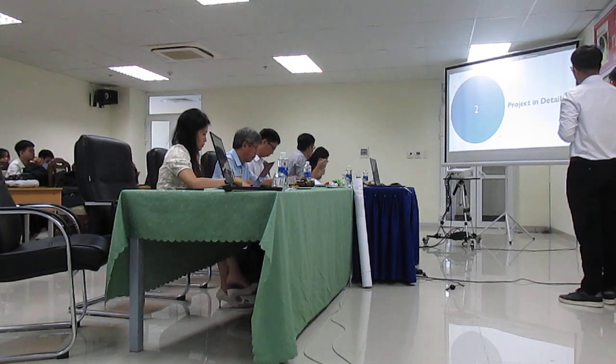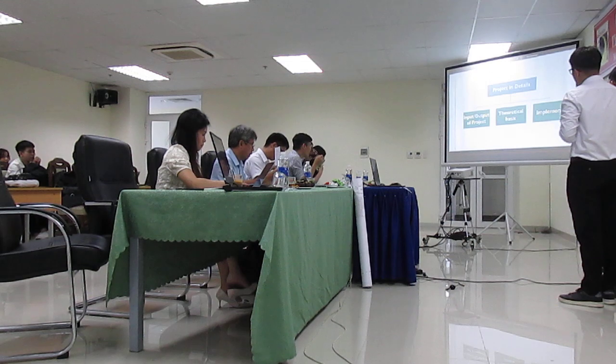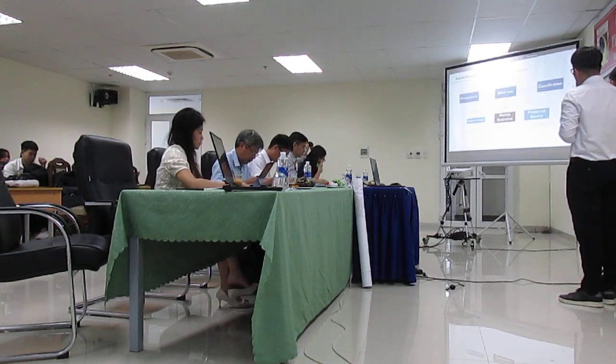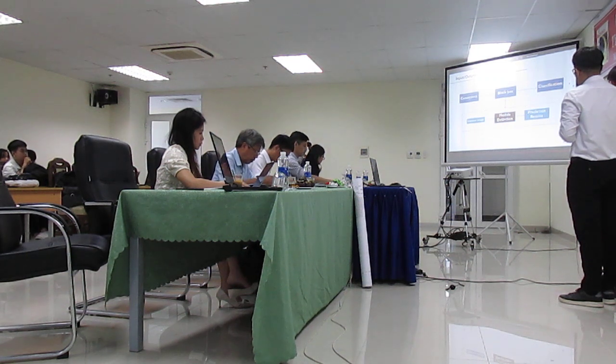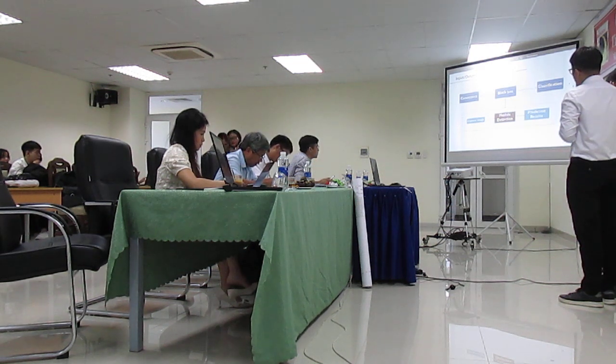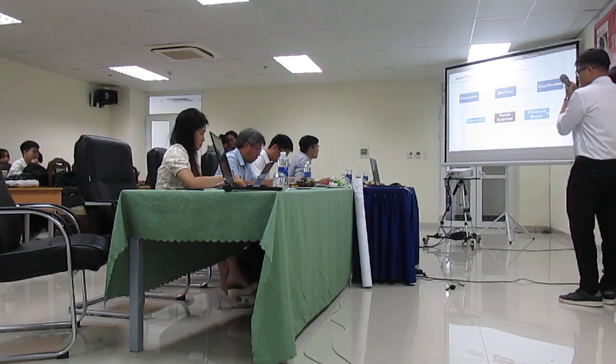Coming to the project in detail, we will present input and output of the project, theoretical basis, and implementation. First, input and output of the project. From the execution line of the factory above, our module is focused on the detection module. This module will capture an image and then conduct prediction.